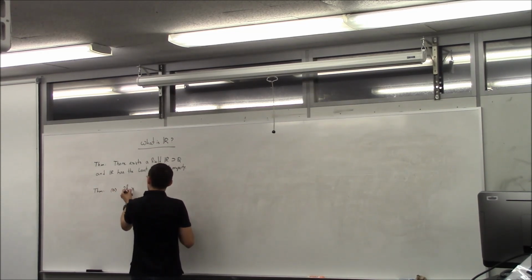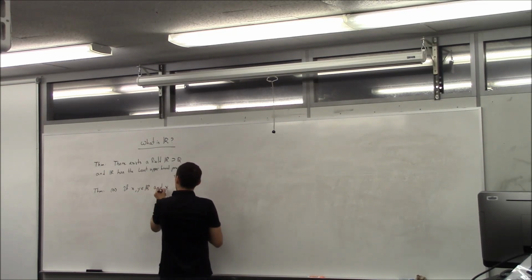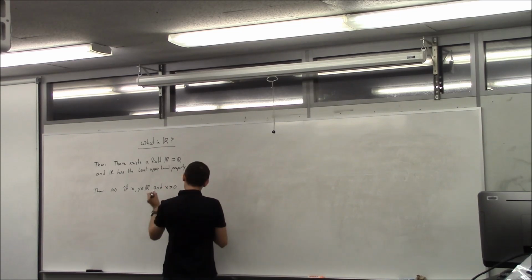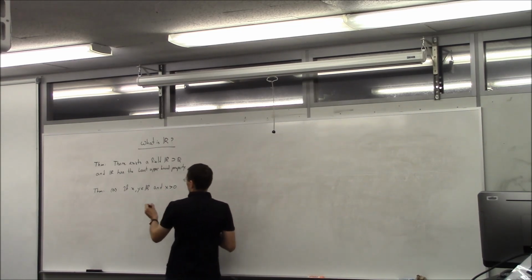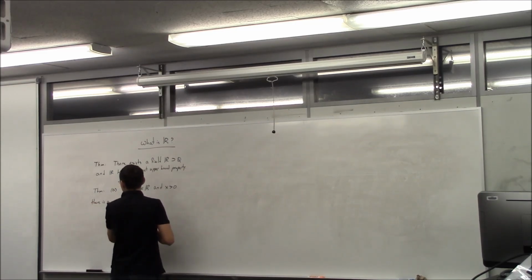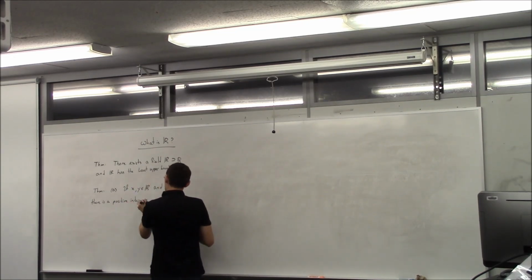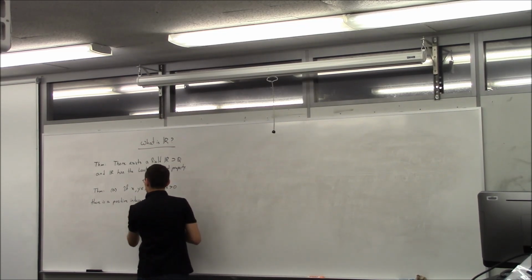If x and y belong to R and x is bigger than 0, there is a positive integer n such that n times x is bigger than y.